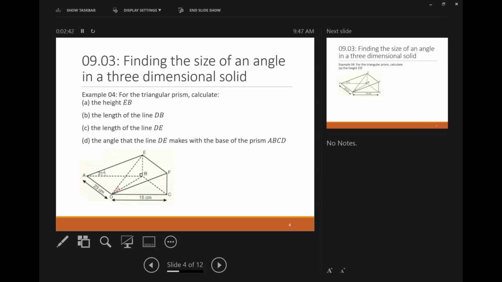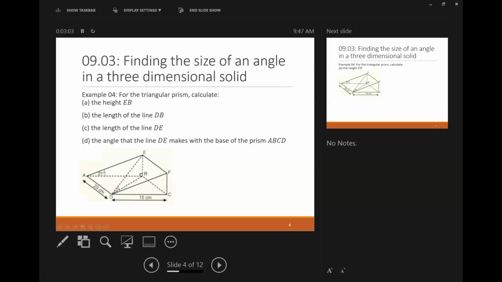So, how am I going to calculate EB? Which triangle would I use to do that? How about AEB? That look good to you guys?